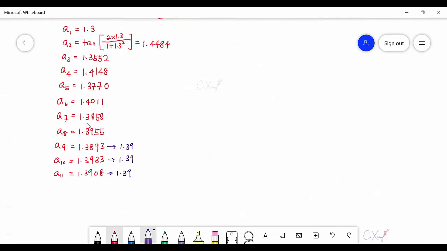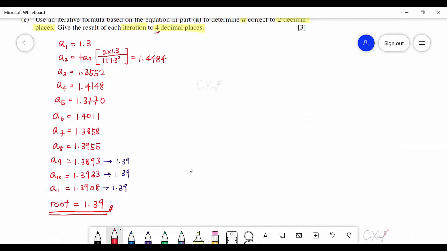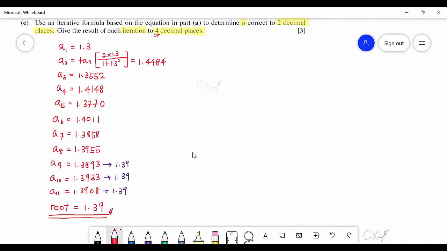So this already helps you to conclude that your final root is 1.39. From here you can see that besides the initial value, all the iterations I'm putting in 4 decimal places, and the root must be in 2 decimal places as requested by the question. All right, so this is what you have for question 7 part C.